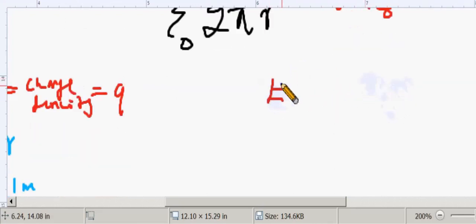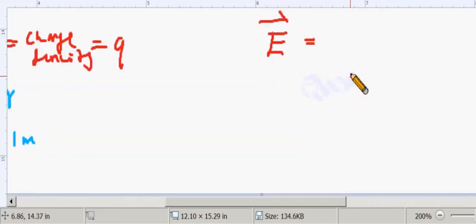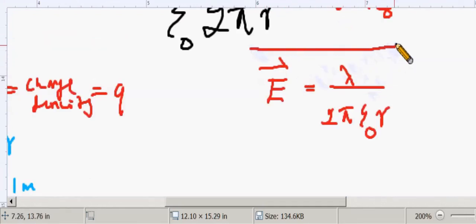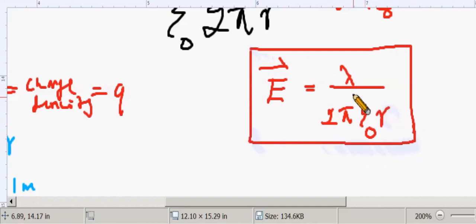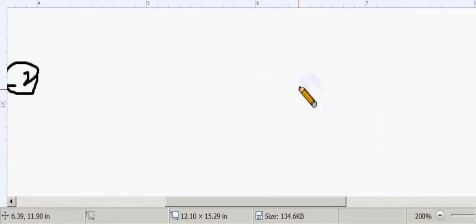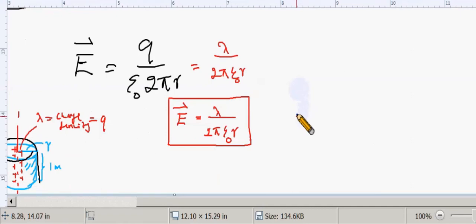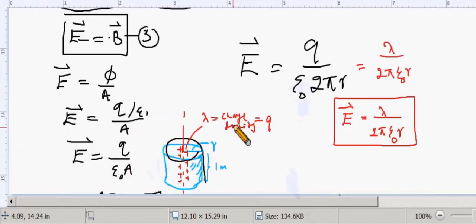So finally field intensity is lambda divided by 2 pi epsilon naught r. This is the equation we should keep in our mind because we can't derive it every time. So that is what I promised you to show how to derive it, that is Gauss theory.